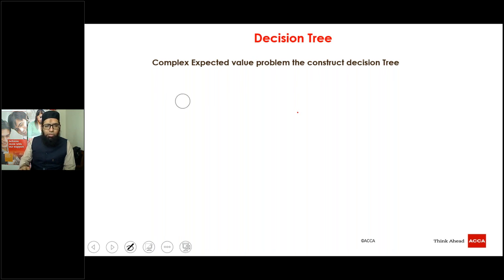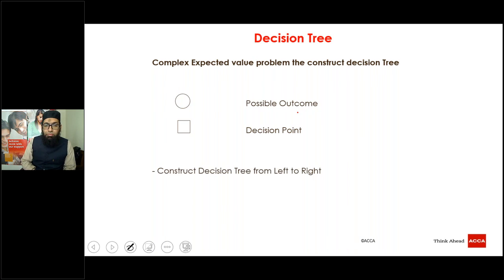First of all, it is important to note that in the decision tree, there will be two different types of notations: one is a circle and the other one is a square box. Whenever there is a possible outcome, at the start of that possible outcome, I will use a circle.